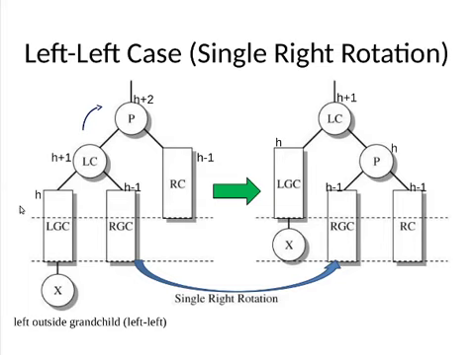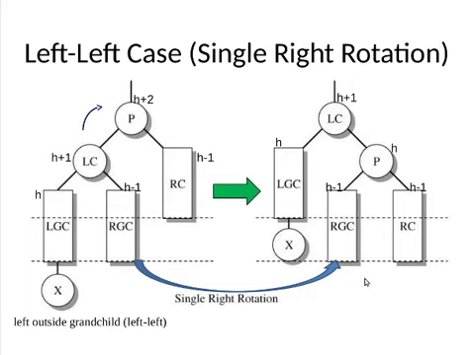What is the valid height of RGC? It must be h minus 1. The height of RGC cannot be less than h minus 1 because if the height of RGC is less than h minus 1, the balance factor violation will be present at LC, which is not the case here.